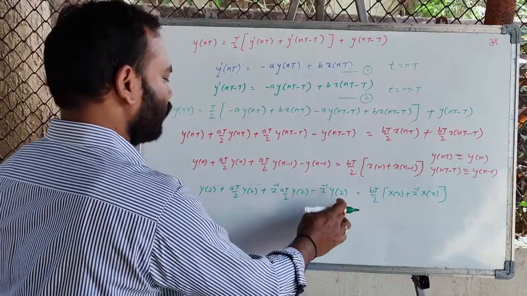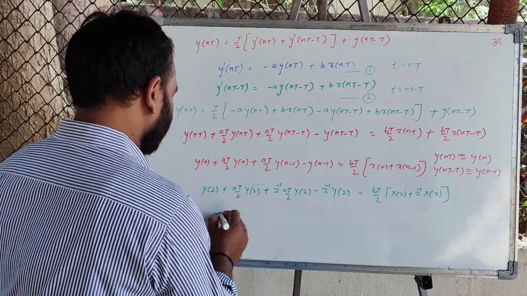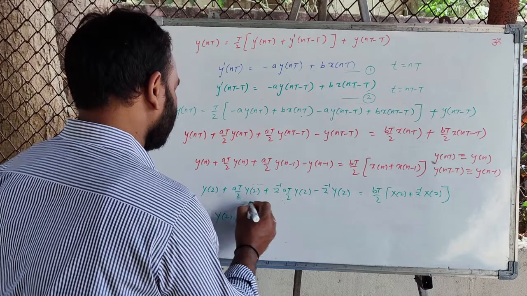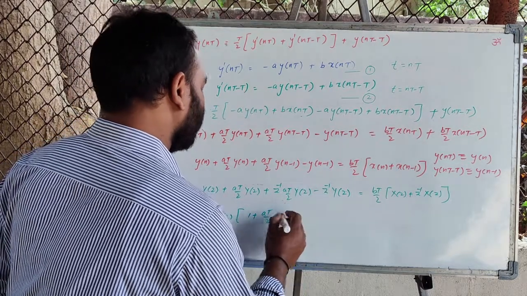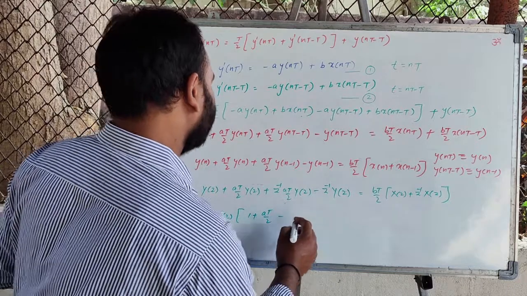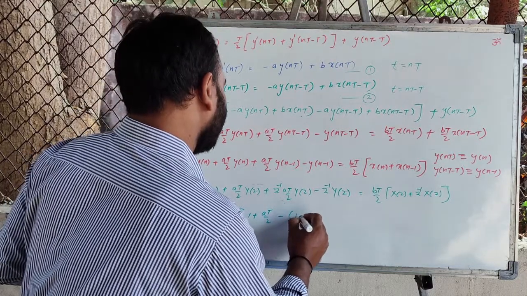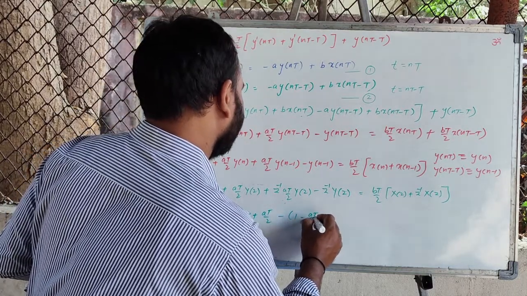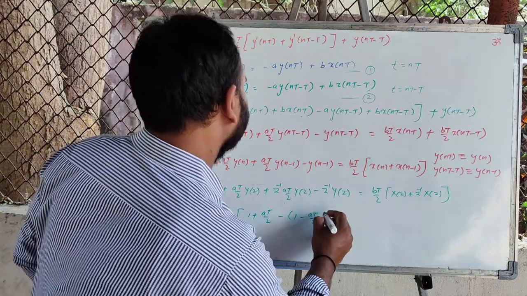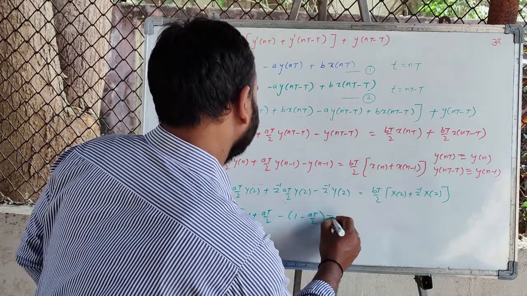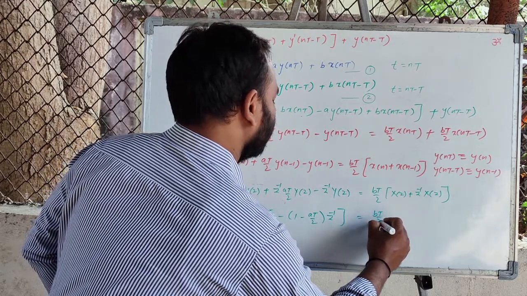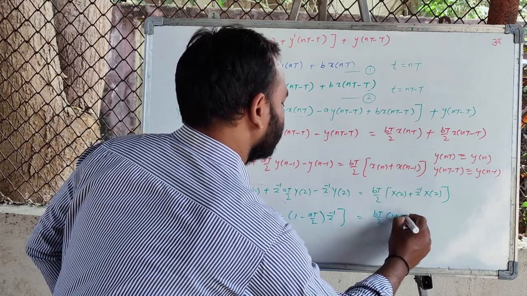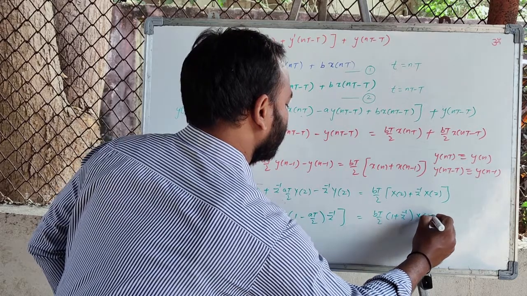If we take the Y of z term common, it is Y of z times 1 plus aT by 2. Here it is being minus common, so it becomes 1 minus aT by 2, 1 minus aT by 2 z power minus 1 is equal to bT by 2 times 1 plus z power minus 1 X of z.